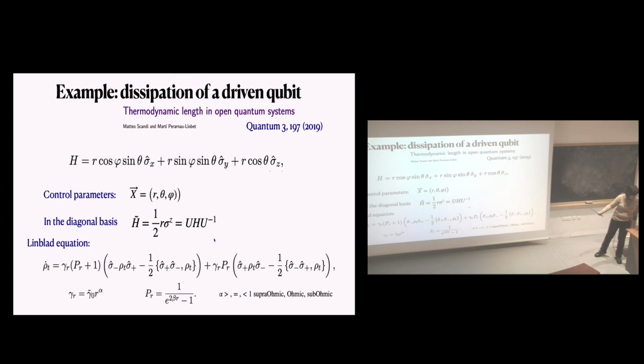And this is an example. So this is the example of a qubit. You can look at all the details in this paper. This is a qubit where there are all these control parameters.